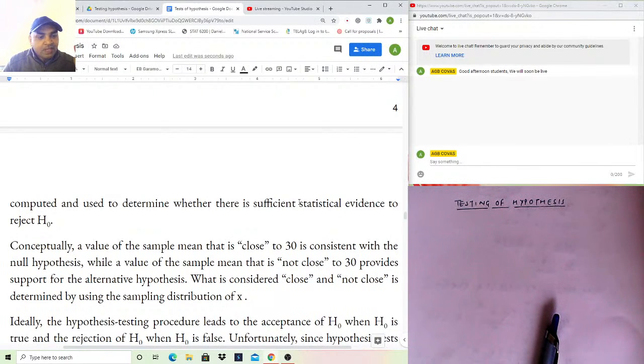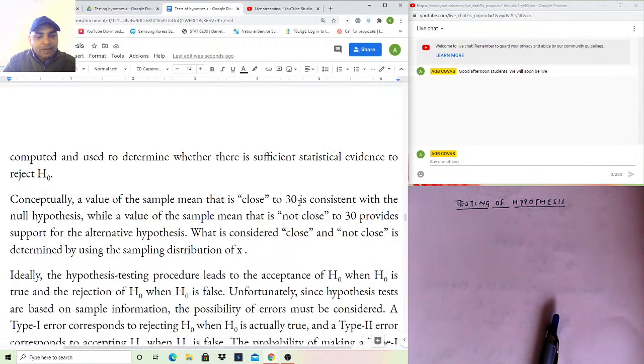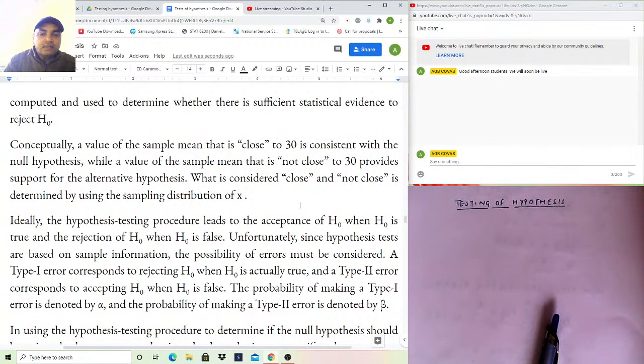Conceptually, a value of the sample mean that is close to 30 is consistent with the null hypothesis, while a value of the sample mean that is not close to 30 provides support for the alternative. What is considered close and not close is determined using the sampling distribution of x̄, which we have studied earlier, that is the central limit theorem.